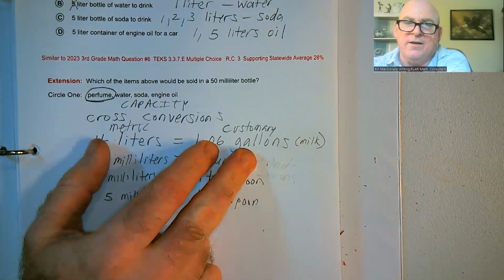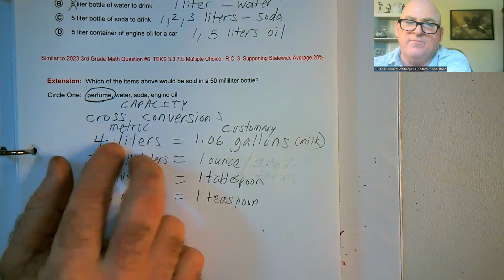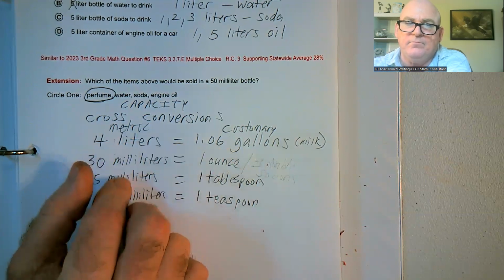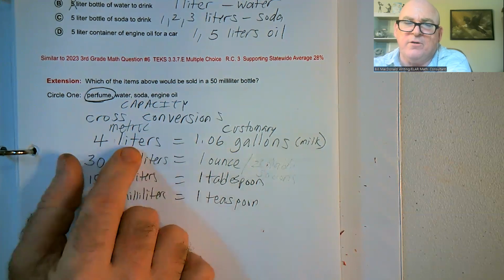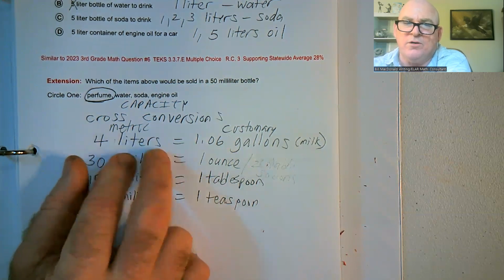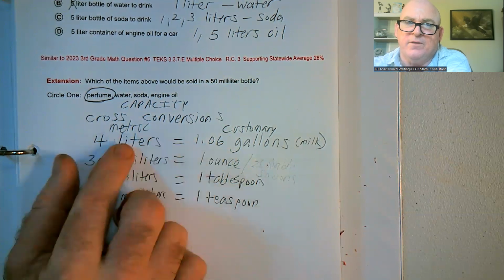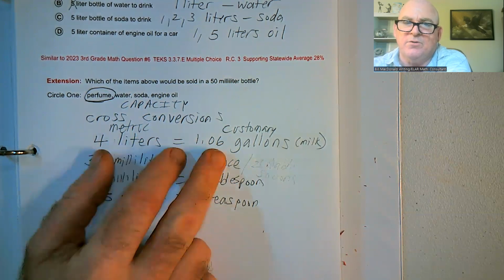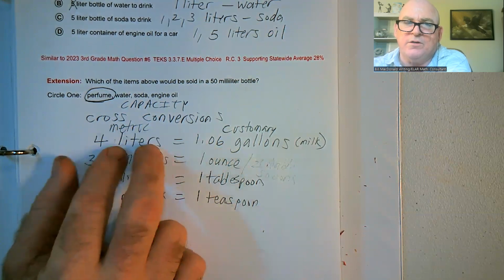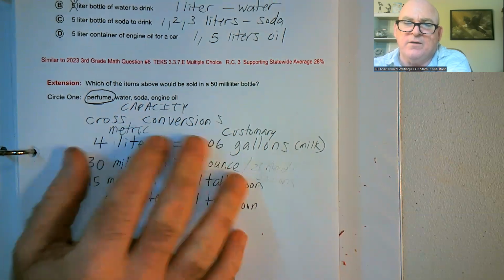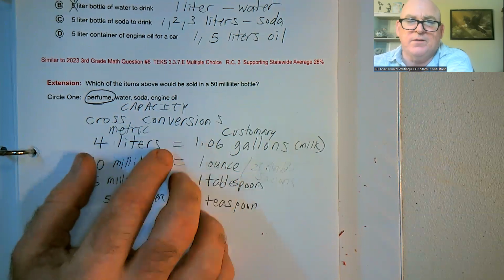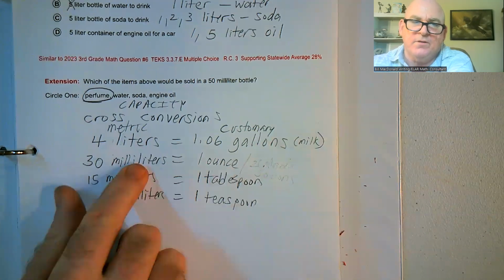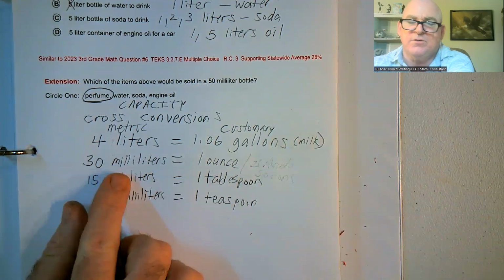4 liters. 1 gallon. So not necessarily 4 quarts, because you can see it doesn't come out exact. Okay? But you can infer, since 4 quarts makes a gallon, a liter is pretty similar to a quart in terms of how much liquid we're talking about. 1 ounce is 30 milliliters.